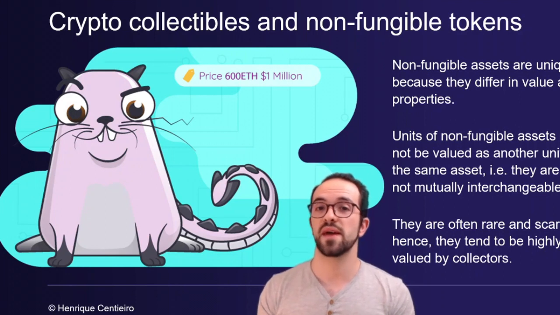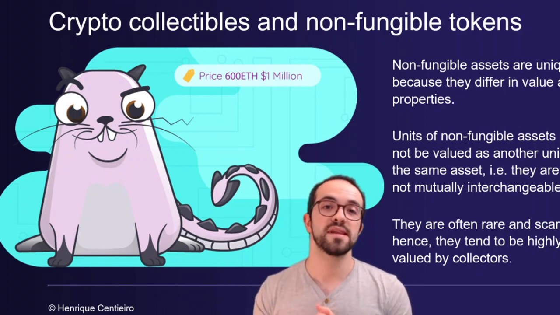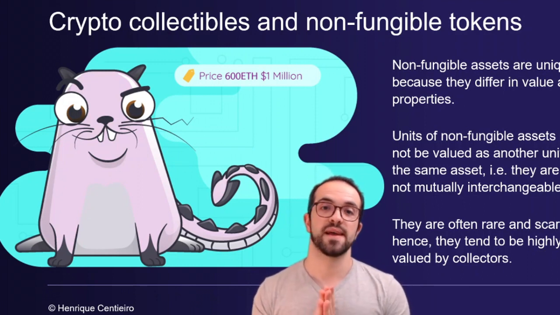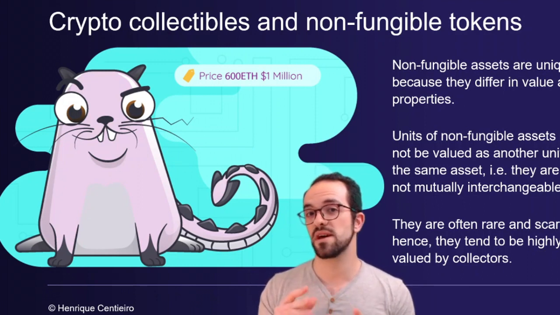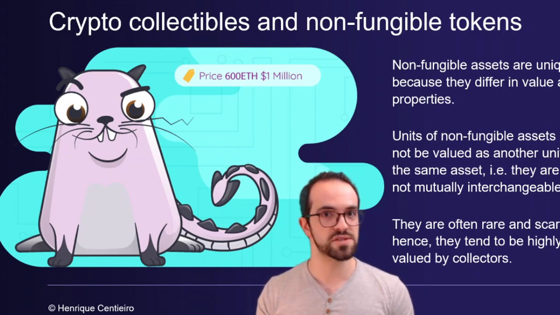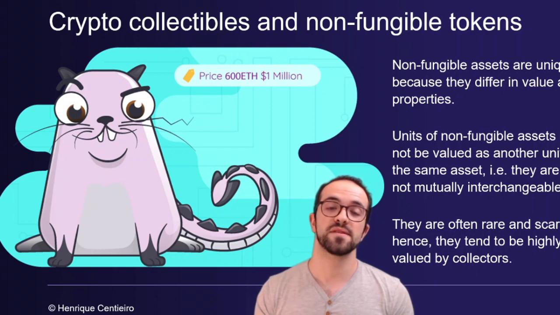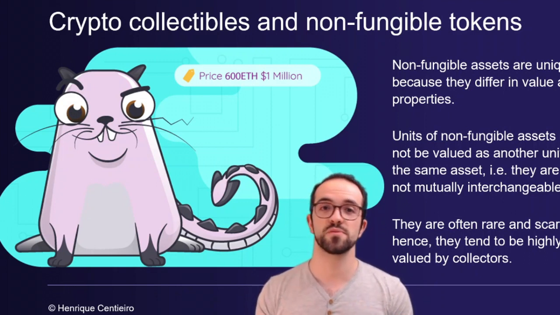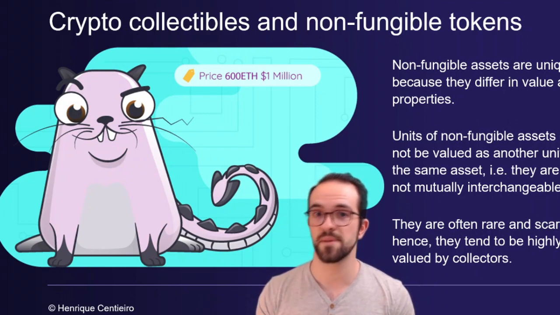NFTs are non-fungible, meaning that each token is unique and irreplaceable. They generally use the Ethereum ERC-721 standard, which we are going to see in more detail, and the standard was introduced to the Ethereum network in late 2017.